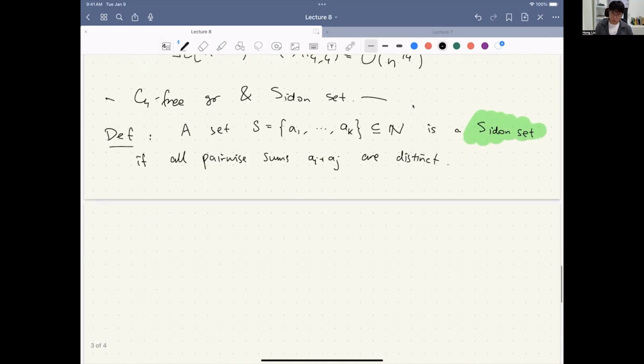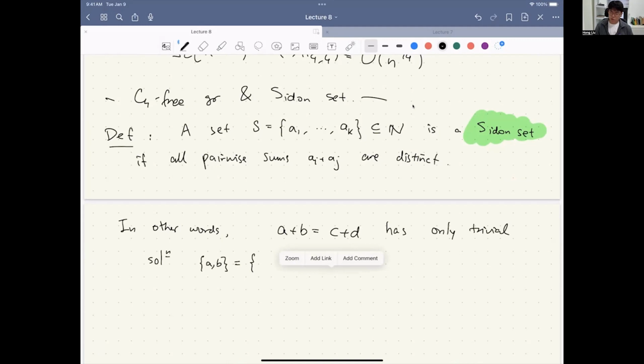In other words, a plus b equal to c plus d has no non-trivial solution, only the trivial solution. What's the trivial solution? The two numbers on the left are the same two numbers on the right as a set.